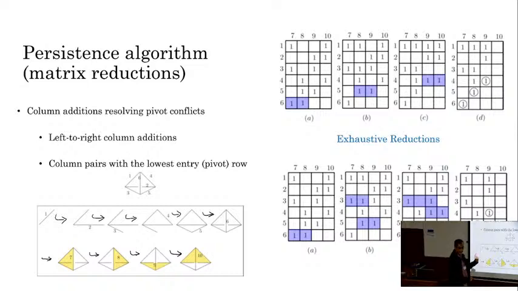Now the algorithm proceeds by looking at the columns from left to right. Whenever there is a conflict in the pivot row, it will add that column to the right. As I added 7 to 8, I got this one. But now 8 and 9 have a conflict. Again, you add 8 to 9, you get this. 9 and 10 have a conflict, you get this. Ultimately, after this process, every column either has a unique pivot row, which is not claimed by anybody else, or the entire column has been zeroed out. 10 has been completely zeroed out.